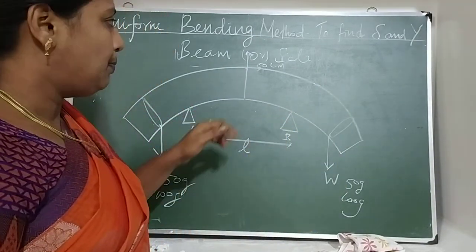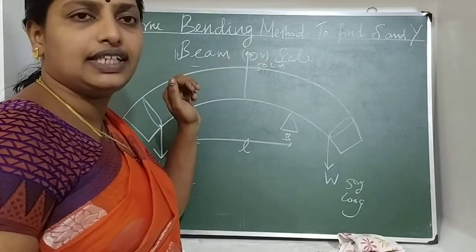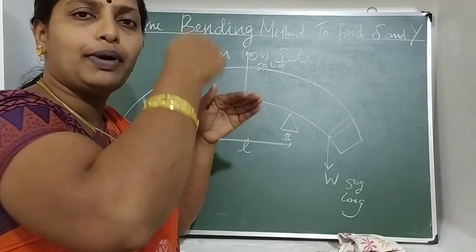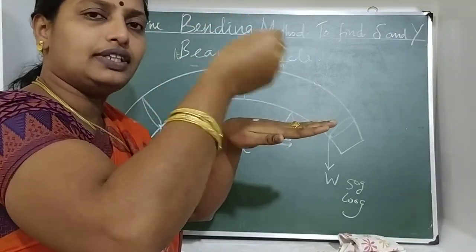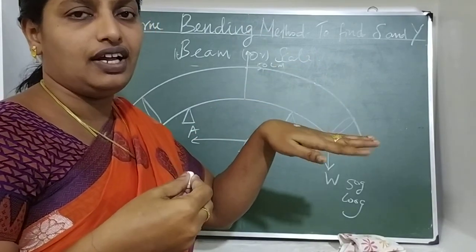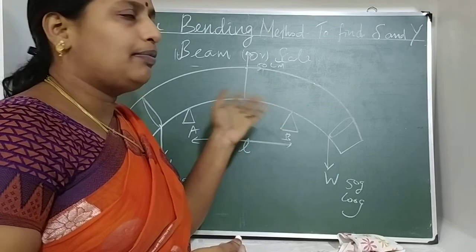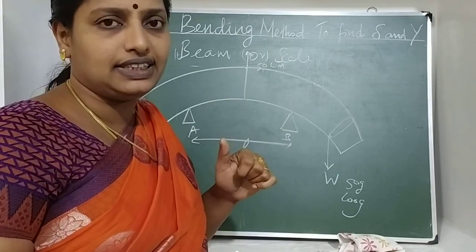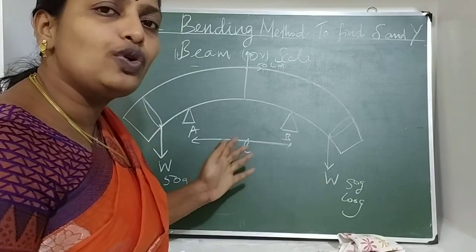The position of the pin tip changes, so adjust the microscope up and down until the pin touches the horizontal line. Then take the MSR and VSC, and find the total reading. So the elevation of the beam is analyzed with respect to the applied load.